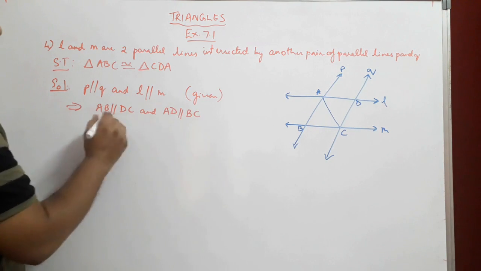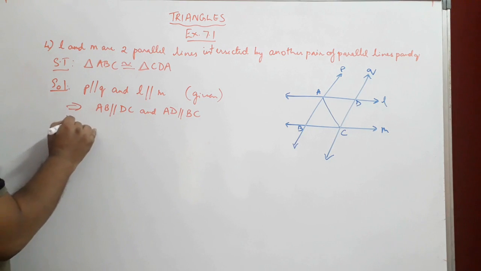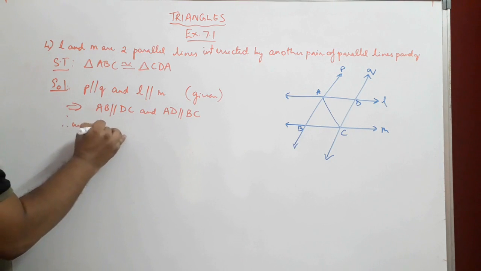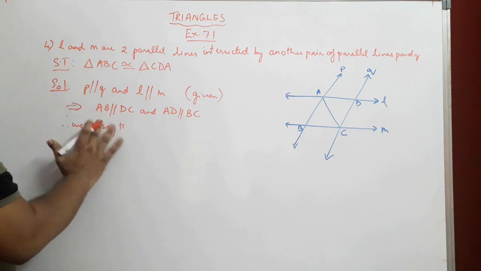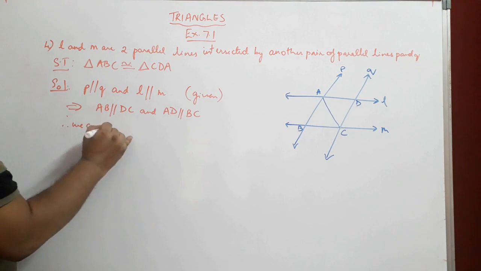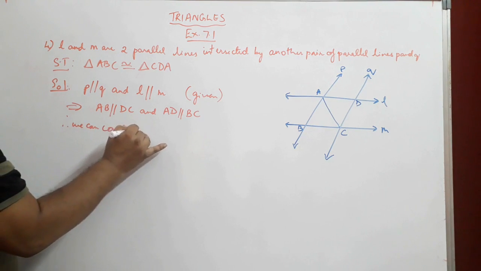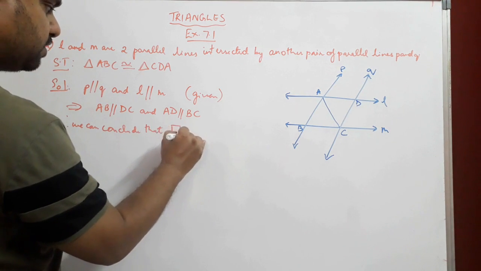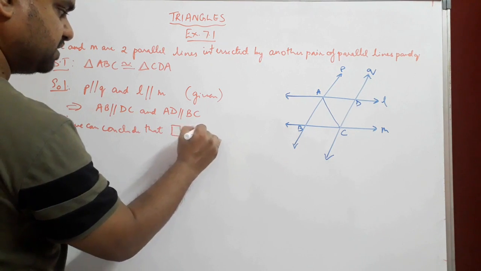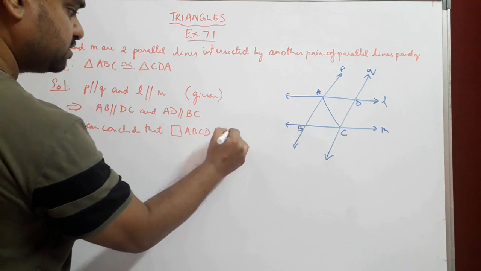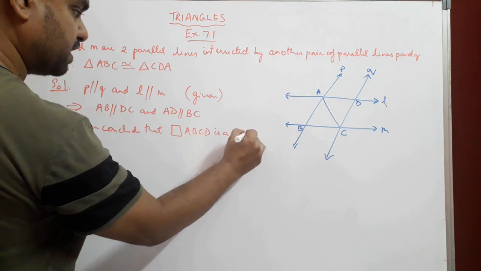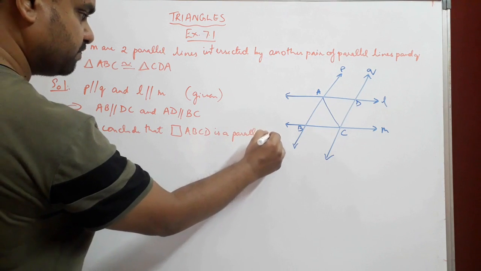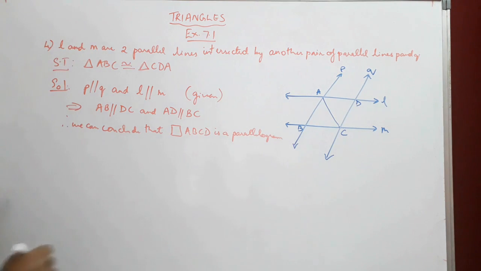And because these are parallel, we can conclude that quadrilateral ABCD is a parallelogram.